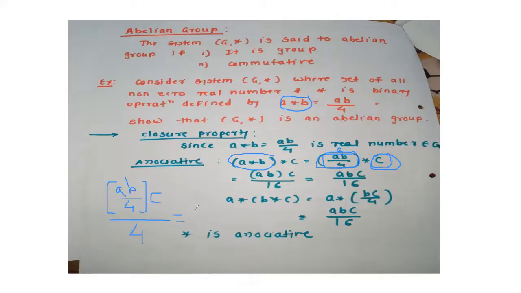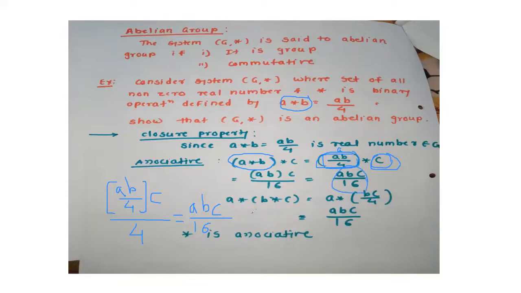That is equal to ABC divided by 16. So we get ABC divided by 16.